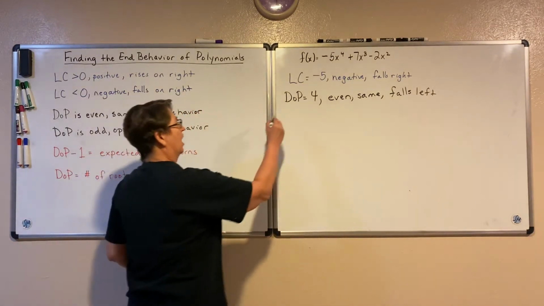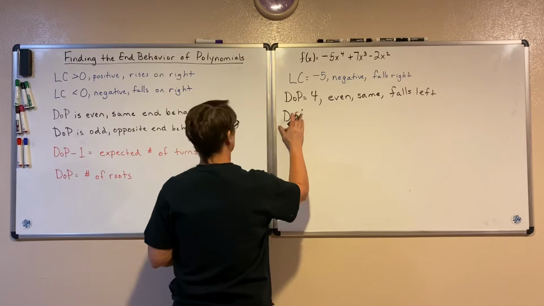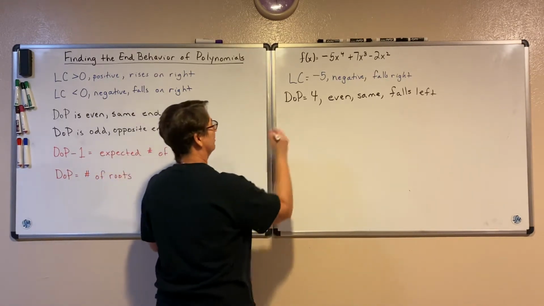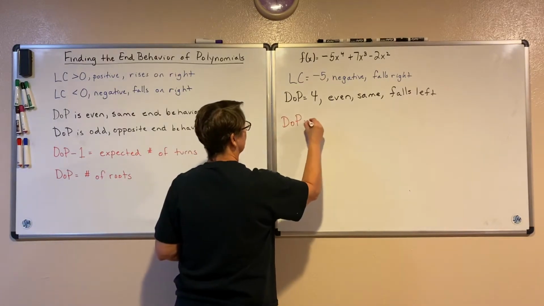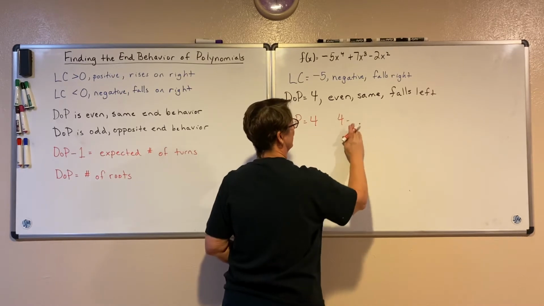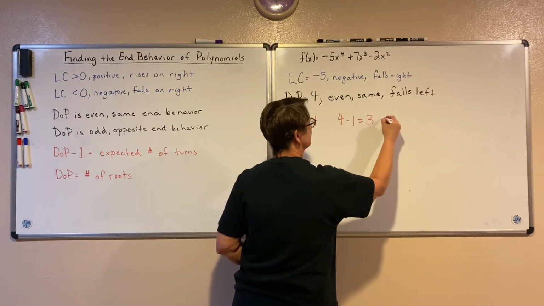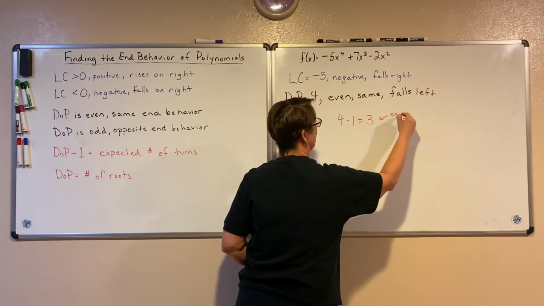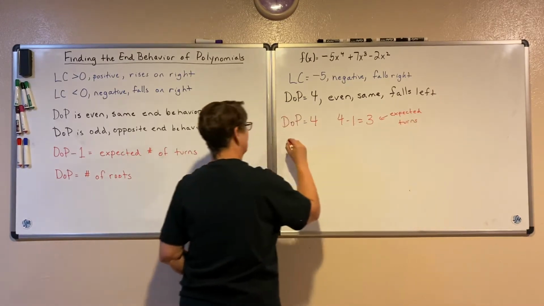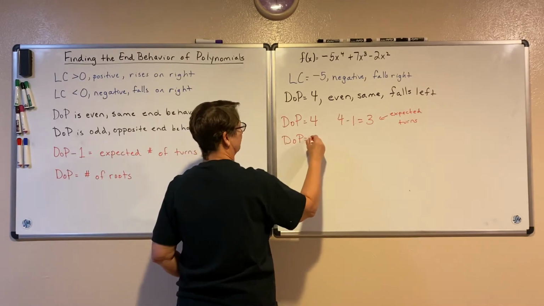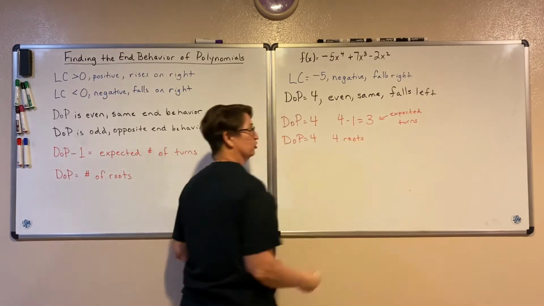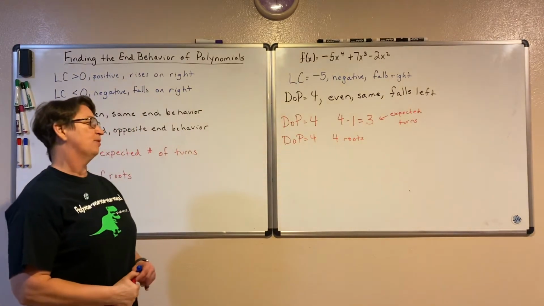Then for the last two, I know that the degree of my polynomial is 4, and 4 minus 1 gives me 3, which is the number of expected turns. So I have 3 expected turns. And the last thing it tells me is that because my degree is 4, I expect 4 roots in this particular polynomial.